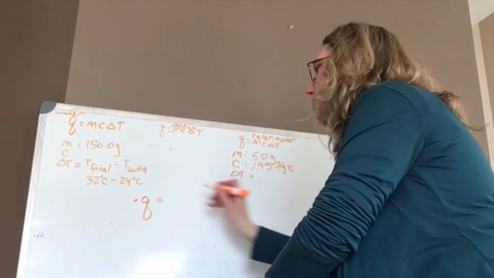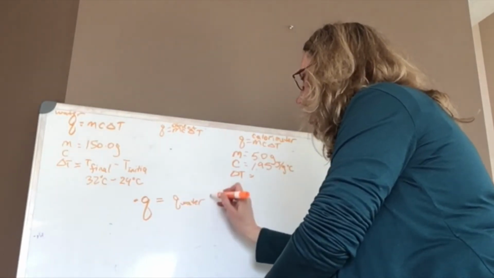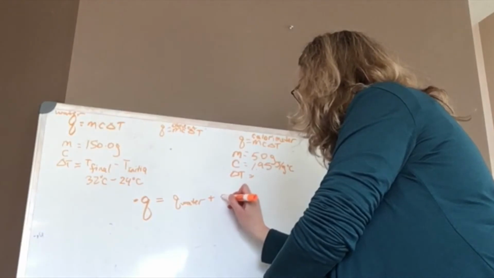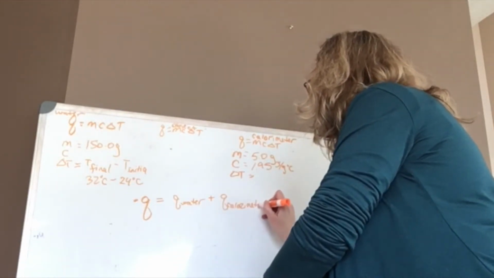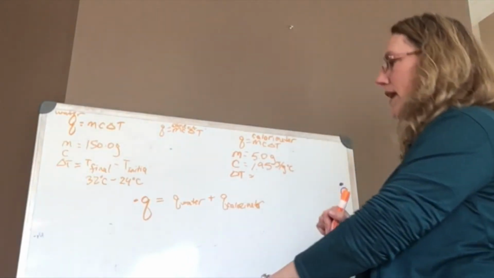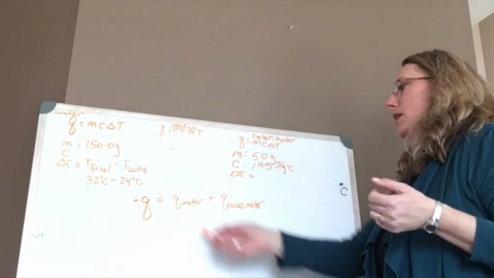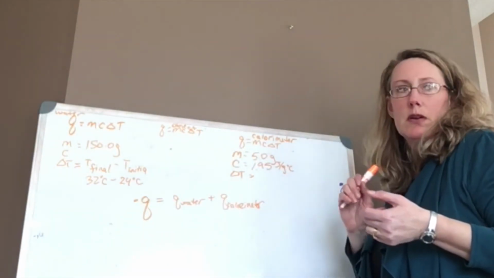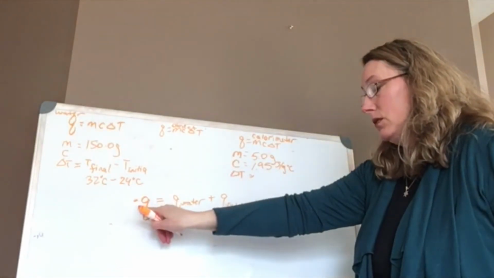It went into your Q for your water, and plus your Q for the calorimeter. Right? So this reaction took place. It gave off heat that went into the water and the calorimeter. All right? So they want to know, what is this Q?